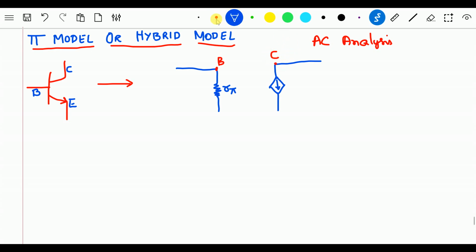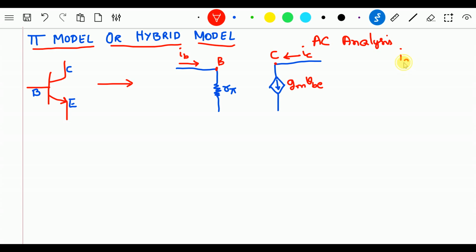Now I'll mark the base current, which is an AC base current because it is AC analysis, so we normally write a small ib, and I'll also mark the AC current small ic. Earlier, if you remember, we derived the formula for IC, which was gm into VBE. So IC equals gm into VBE.